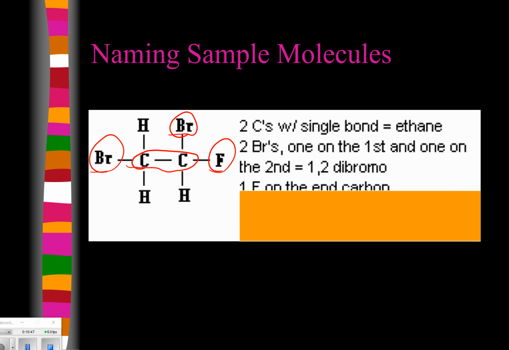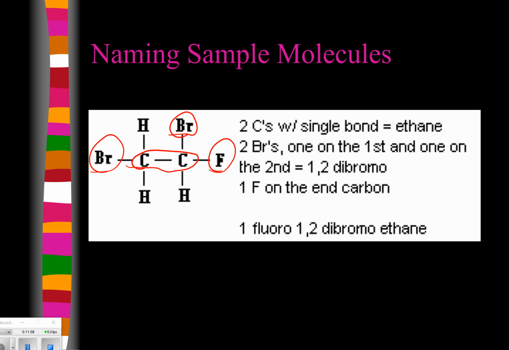And we'll want to list these. I'm getting ahead of myself here. So we have our ethane chain. We went through that. 1,2-dibromo. So that's how we get the numbering priority for the bromine, 1,2-dibromo. And we have 1 fluoro group on the same carbon.